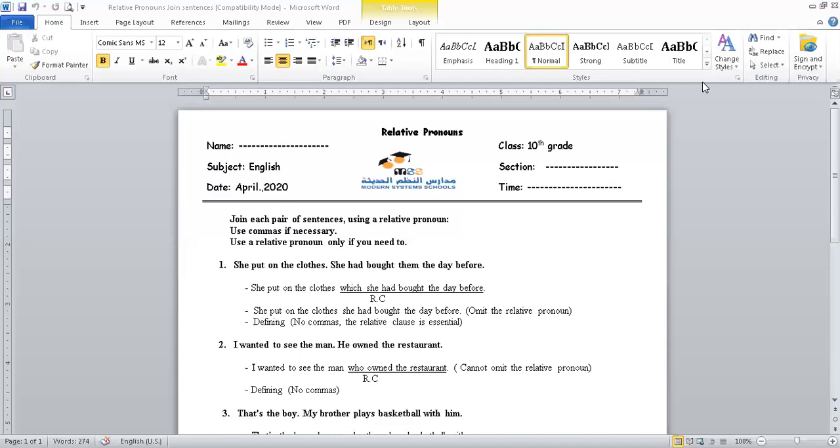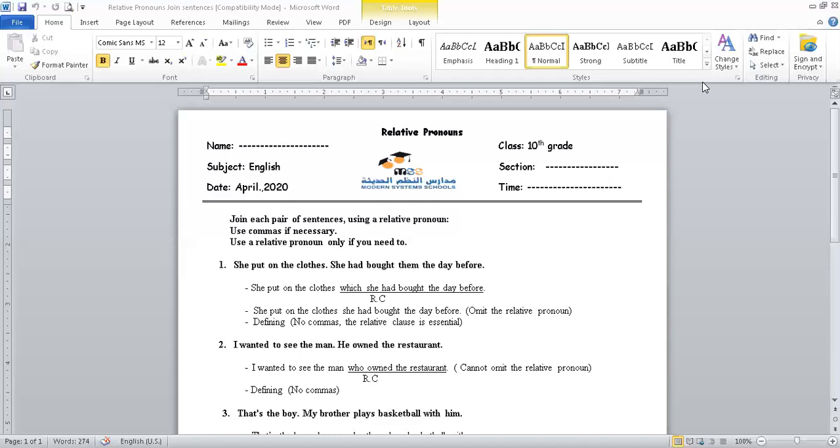And you have to delete them. لازم أشطب them لأنه خلاص استخدمت the clothes. So she put on the clothes which she had bought the day before. Which she had bought the day before is the relative clause.